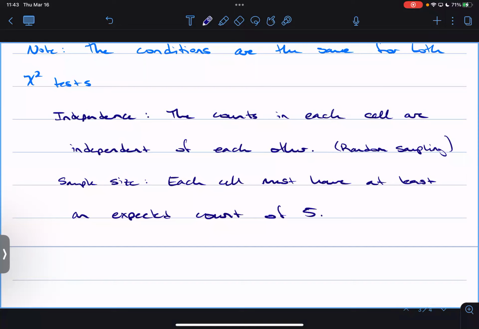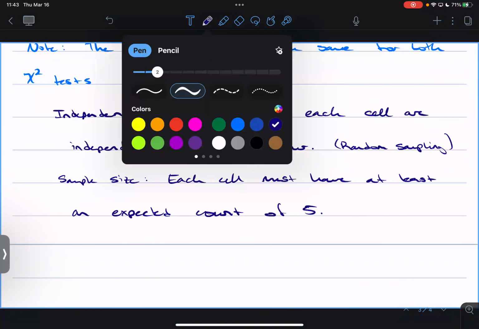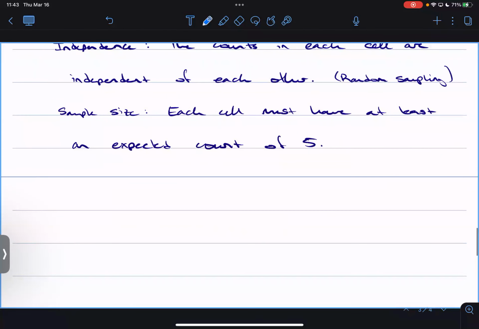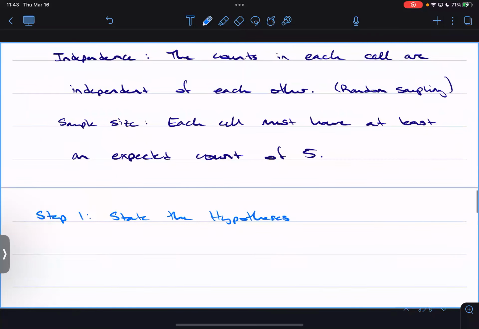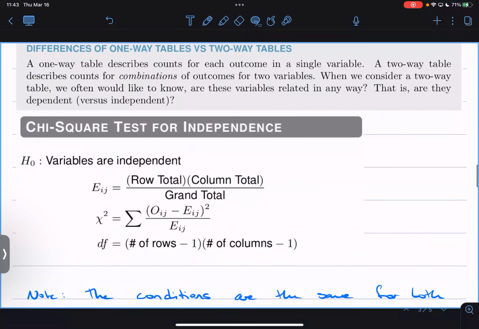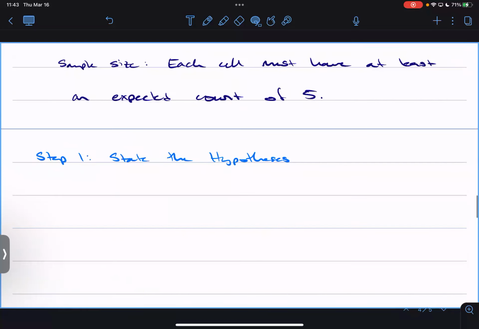Okay. So for chi-square tests, we only do hypothesis testing. So I'm just going to jump right in. Step one is to state the hypotheses. Now, I'm going to use this one as a guide. And I guess I could do a nicer job of summarizing them.